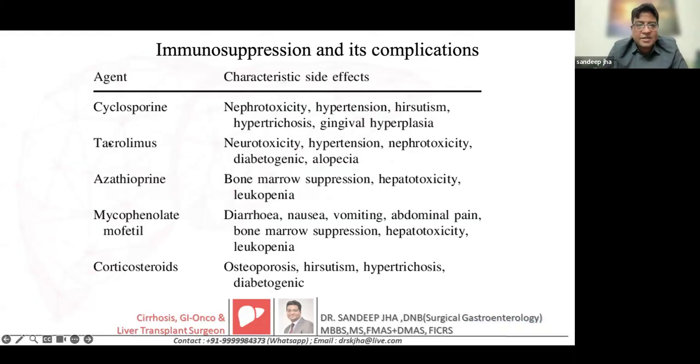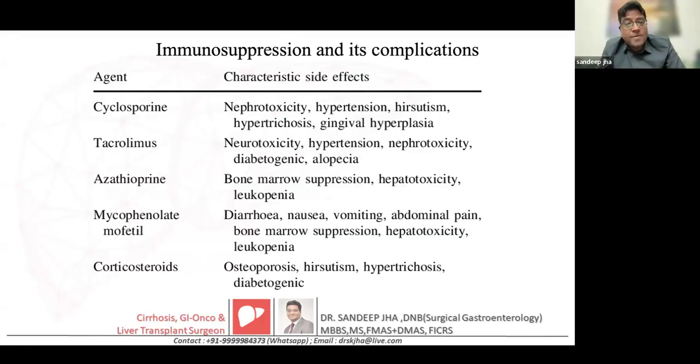There is a three-drug regimen that is used: tacrolimus, mycophenolate, and corticosteroids are most commonly used, and they all have their side effects, which have to be managed during the transplant and even after liver transplant when they go back to their home countries.